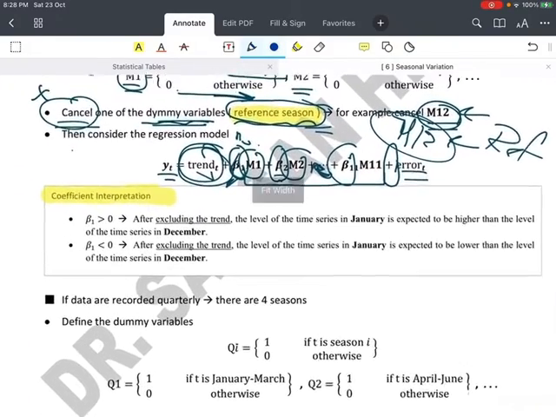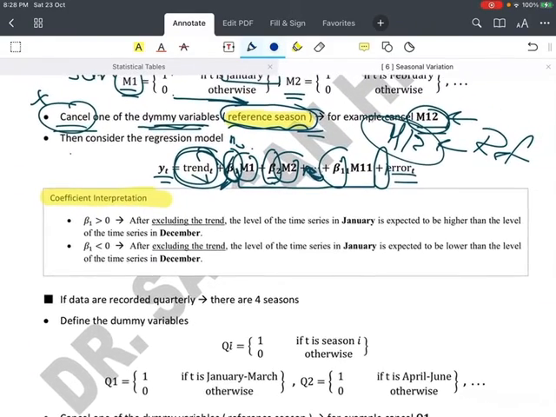How? We choose here, for example, beta 1. We will write the interpretation for it. But for all the coefficients, the same procedure, you will write the interpretation. Beta 1 greater than 0, so it is positive.